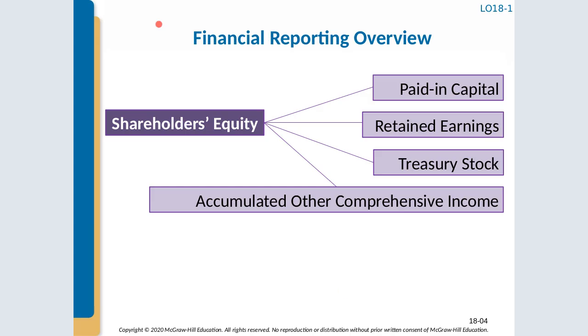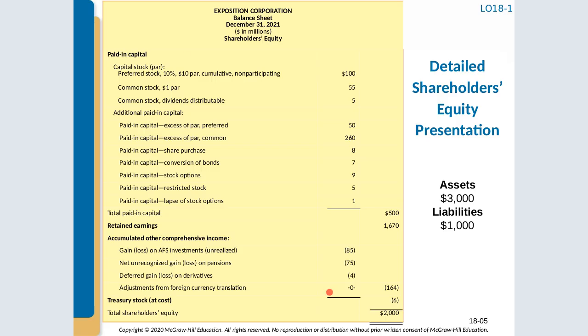So in terms of shareholders' equity, we may be able to find paid-in capital. Sometimes it's called additional paid-in capital. Retained earnings, we may see treasury stock, we may see accumulated other comprehensive income. So we're going to be going over these as we go through the presentation today.